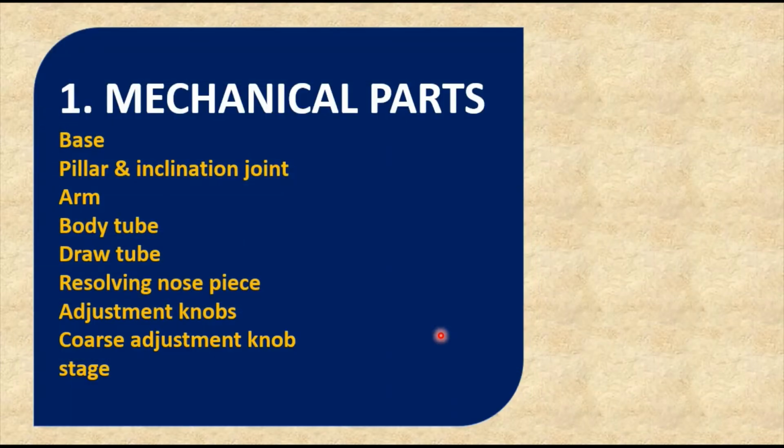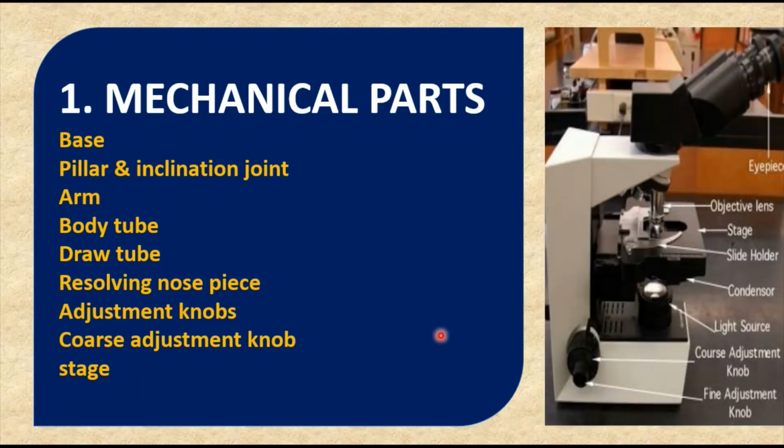Coming to the first one, the mechanical parts provide the basic structural framework of the microscope and also support the optical parts. Let's see what mechanical parts are present in the microscope. The first one is the base. Then you have the pillar and the inclination joint that joins the different parts, and then the arm, which is used to hold it. Then the body tube and draw tube, which are useful for focusing and holding the eyepiece.